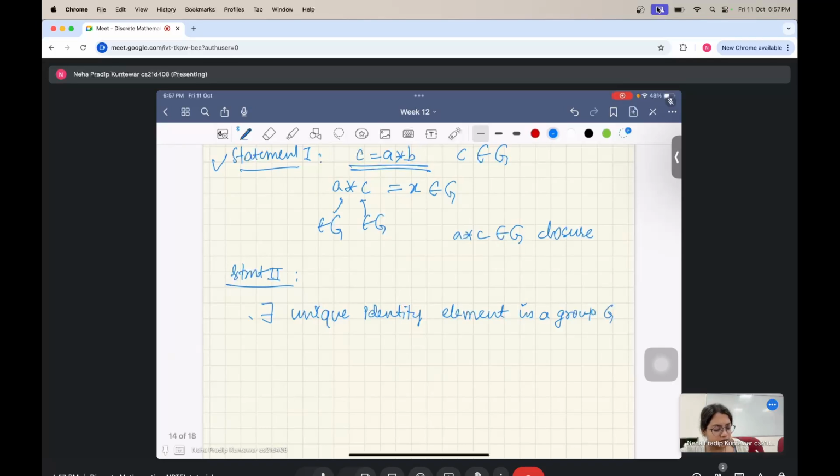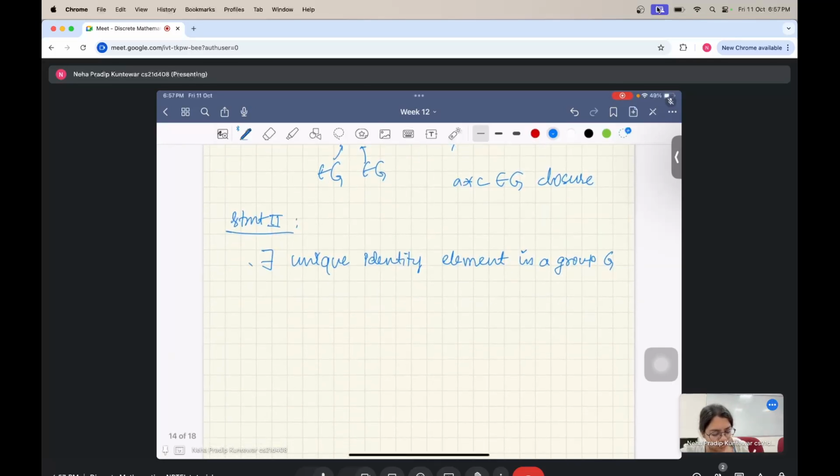Because, for example, suppose not, there are two distinct E not equal to E prime, such that for all A in G, A dot E is equal to A dot E prime is equal to E is equal to E prime.